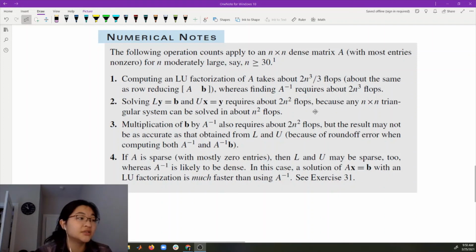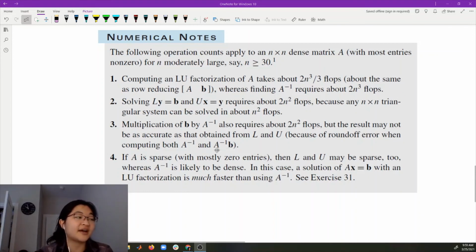And solving our broken up system, where we take L first and then U, takes 2n squared flops, so fewer flops, right? Multiplying by A inverse takes about the same number of flops, but it's not necessarily going to be accurate because we will have some rounding error due to A inverse and then doing more operations with A inverse.